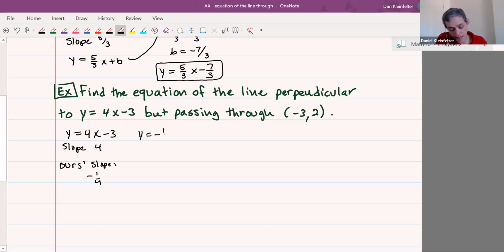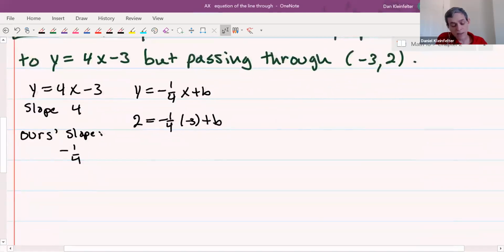So y will equal -1/4 x plus b. And then we'll put in our 2 for y, and then our -3 for x, and use that to find b. Okay, 2 is 8/4.